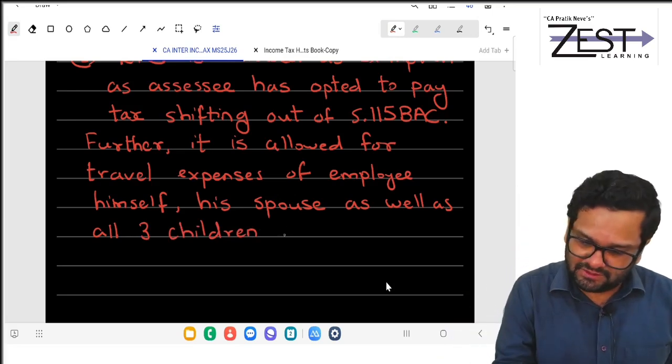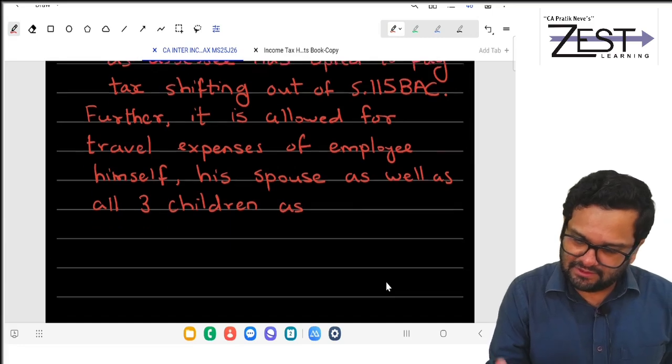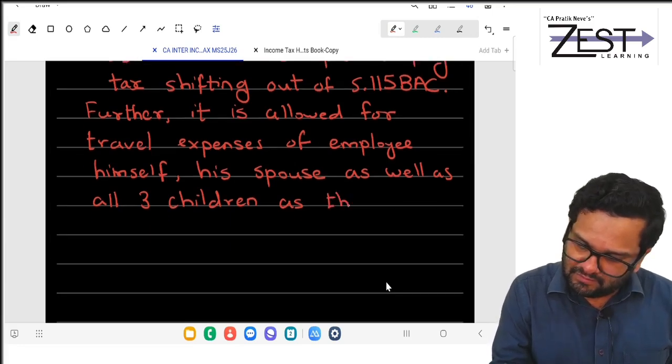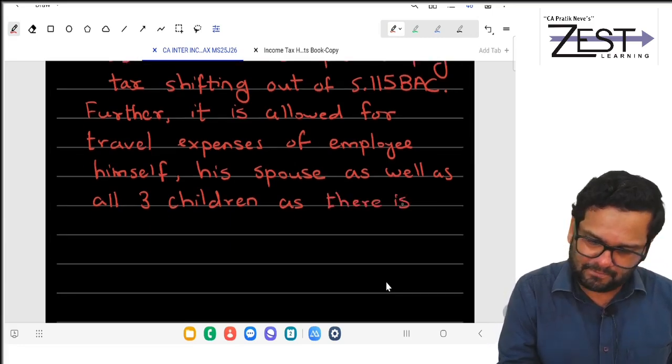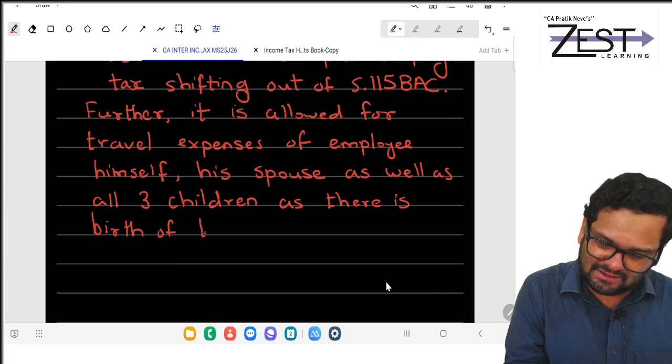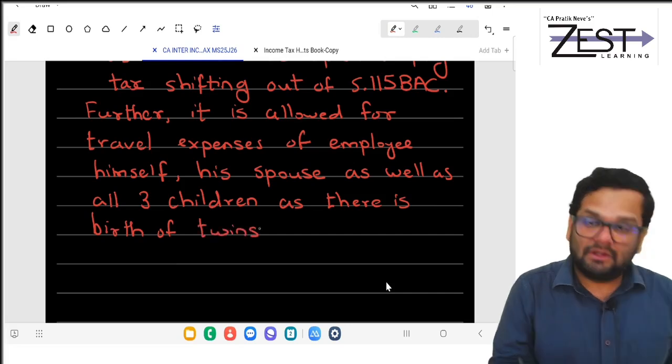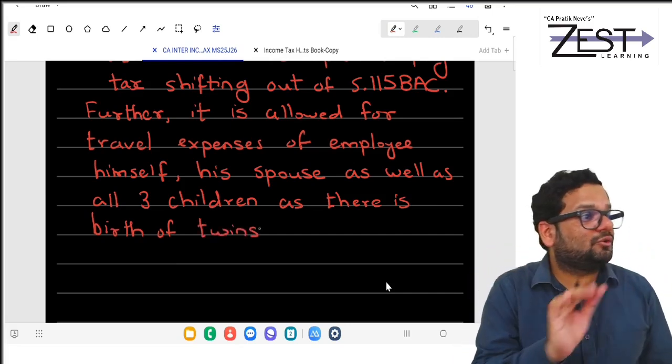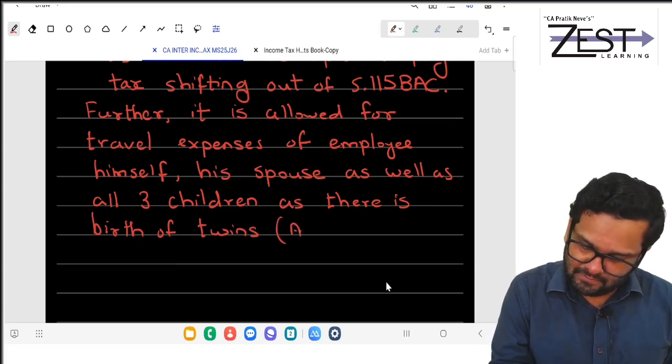Why all three children? As there is birth of twins. Yes or no? There is birth of twins. What is the age of twins? Age 3 years.